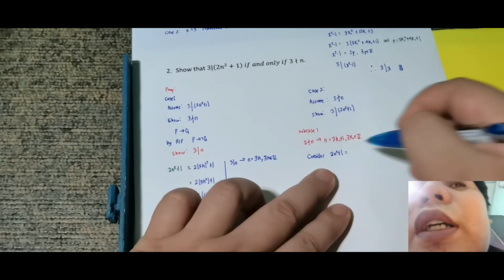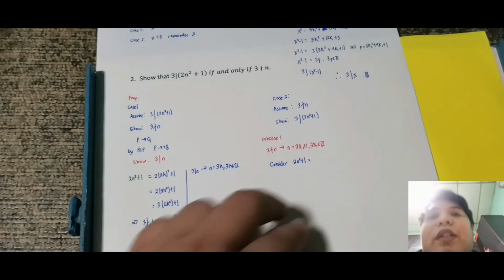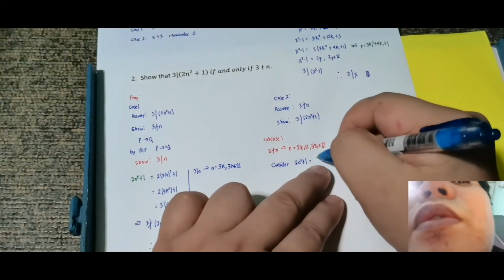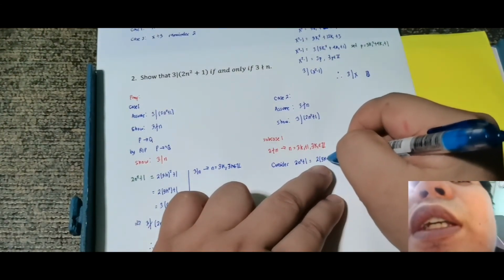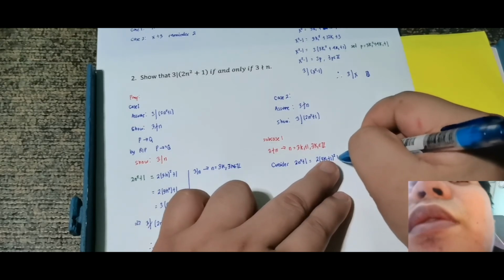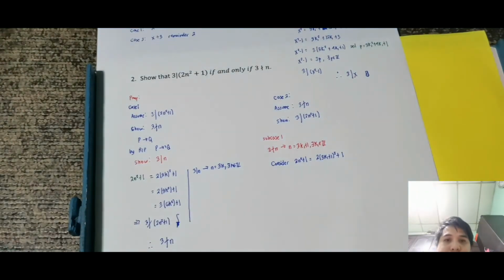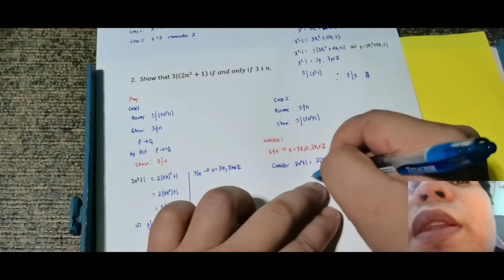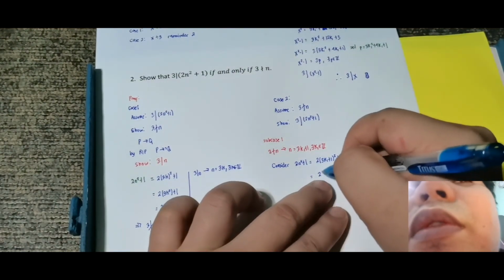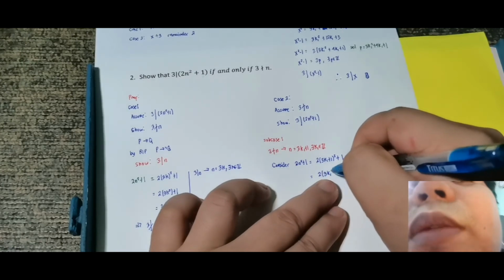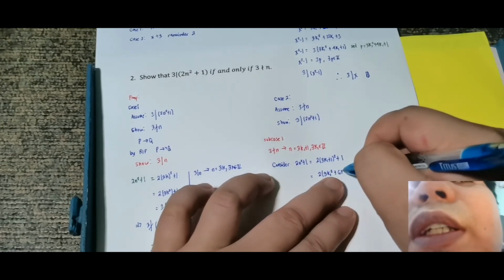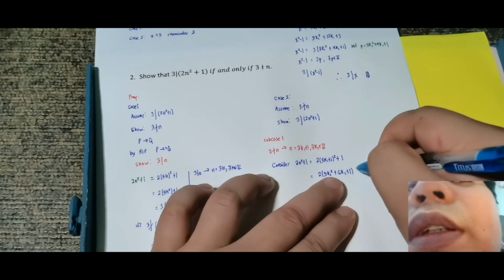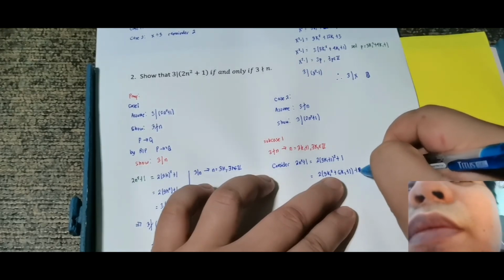So, this is equal sa, saan equal yan? That is equal sa 2 times 3k sub 1 plus 1 squared plus 1. Tama? Then, pag in-expand, this is equivalent sa 2 times 9k sub 1 squared plus 6k sub 1 plus 1 plus 1.